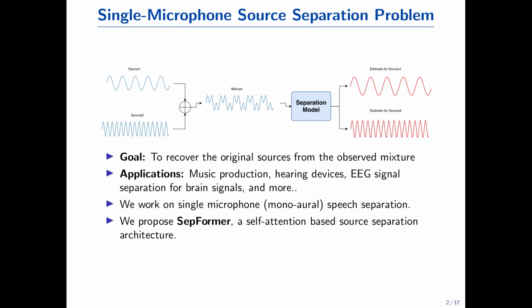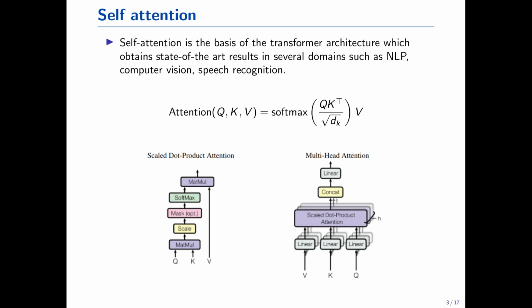This has application in music production, hearing devices, EEG signal separation, even as a pre-processing step in automatic speech recognition, and many more. And we propose Sepformer, a self-attention-based source separation architecture that we are quite excited about, which obtains state-of-the-art results. So with that, let's move on.